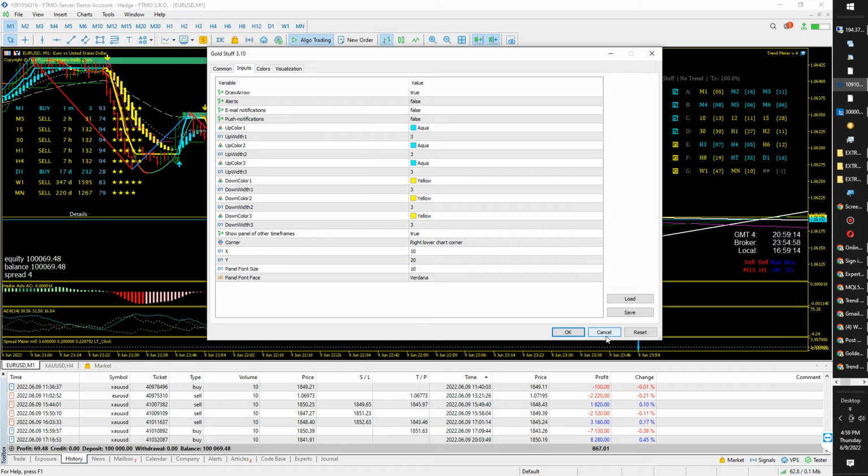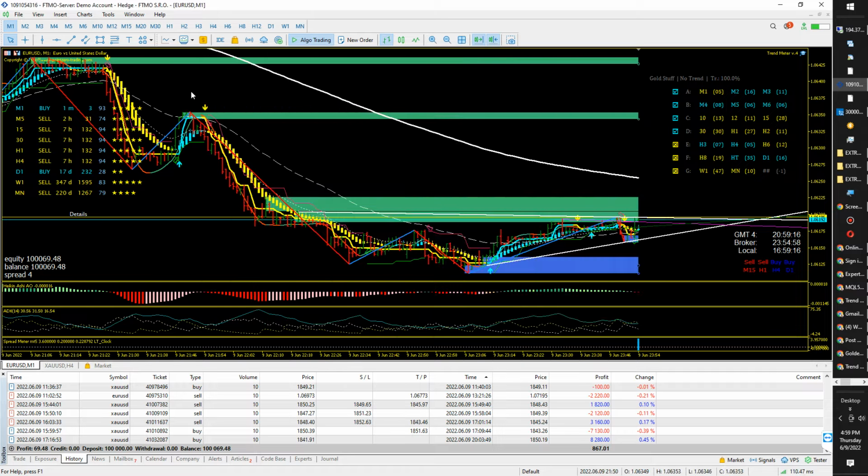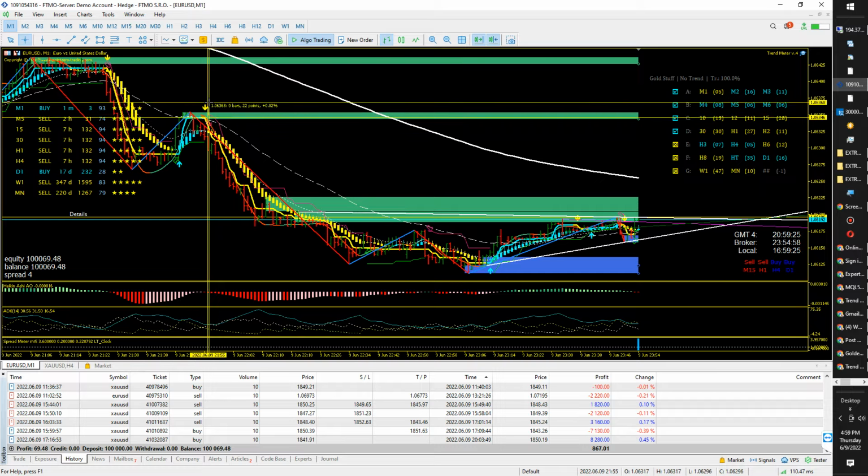It's real simple. When the gold stuff has an arrow, I want to know, is it in a support or resistance area, or how many pips away? I can tell it X amount of pips.